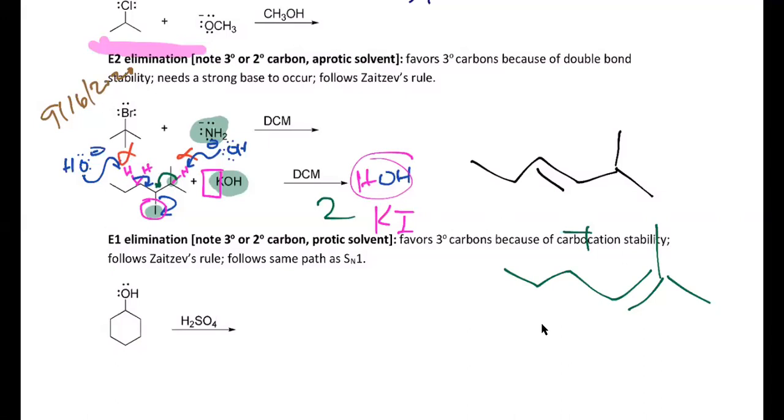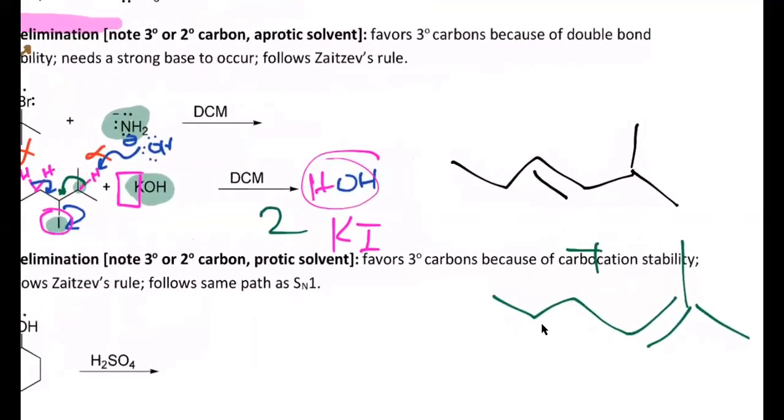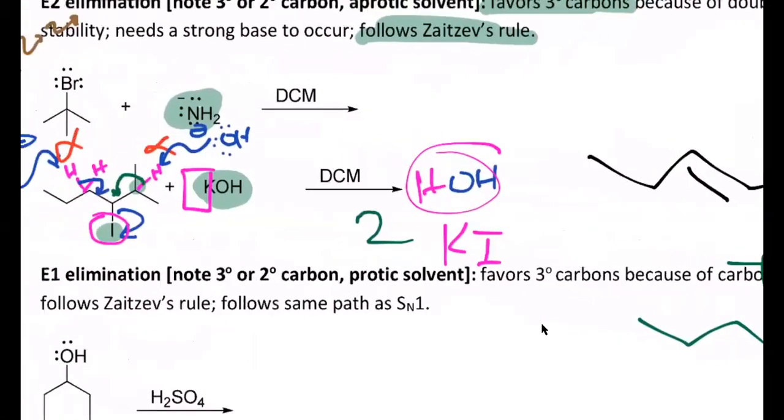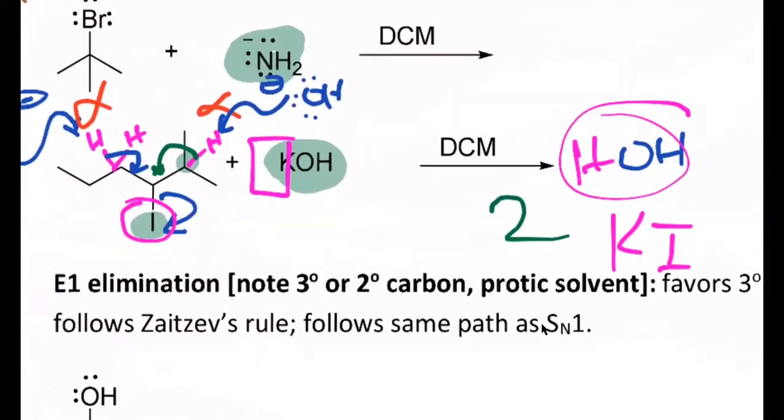All right. So let's talk about the fact that E2 favors tertiary carbons and it follows Zaitsev's rule because those two things are connected. Right. So of the two carbons here in the starting material, this one on this side is tertiary. And then on this side, it's secondary.